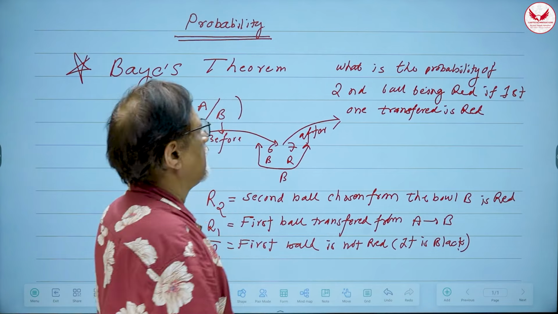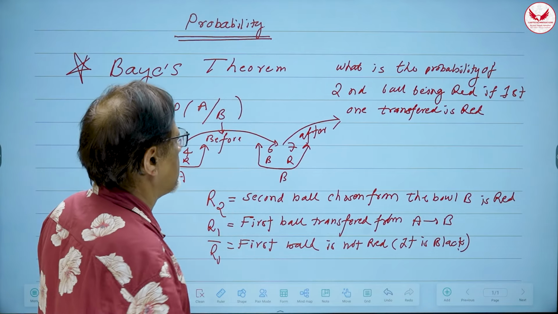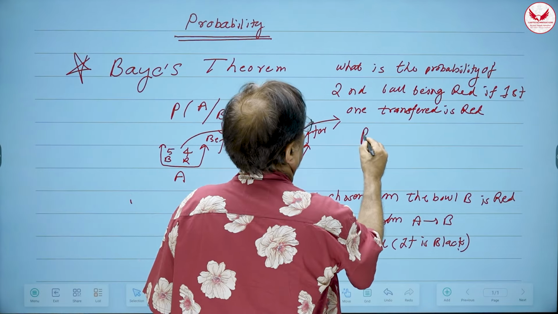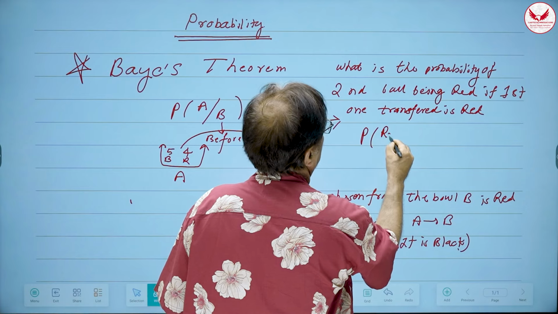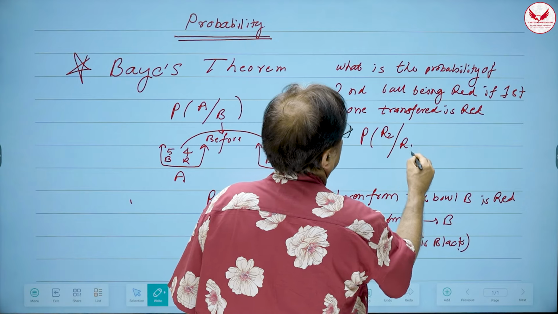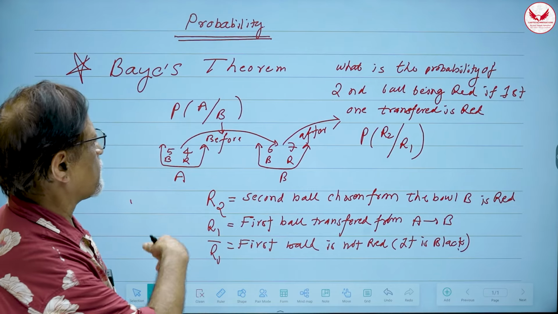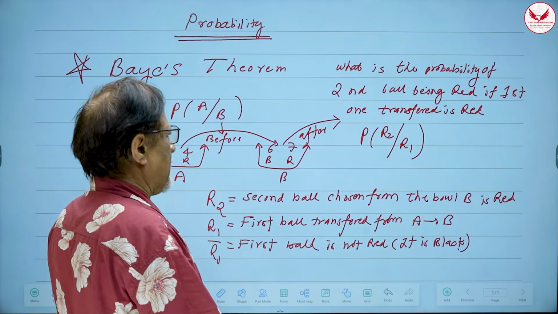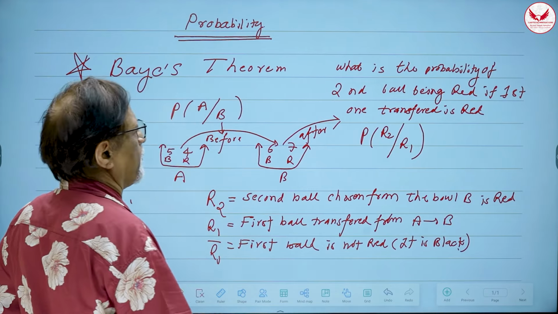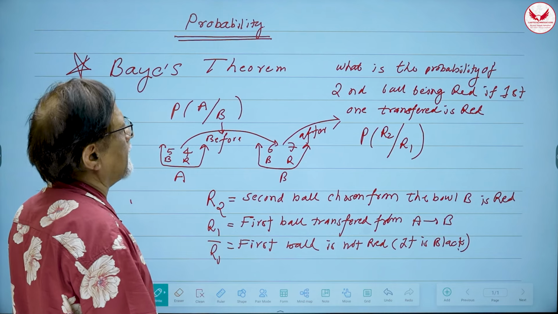That is very clear. If I want to write it in a proper manner, I am interested in the probability of R2 by R1. So R1 has occurred. That means it has already happened that the first ball transferred was red, right? I am interested in this, okay? Probability of R2 by R1.